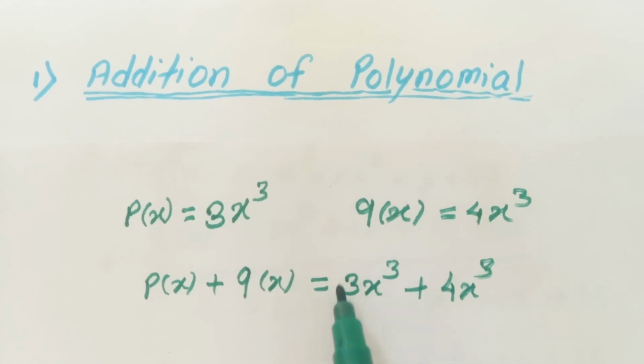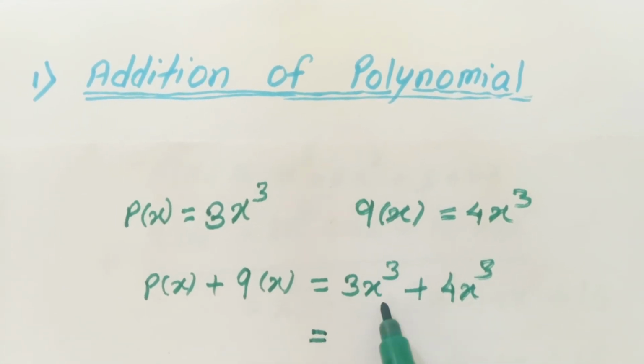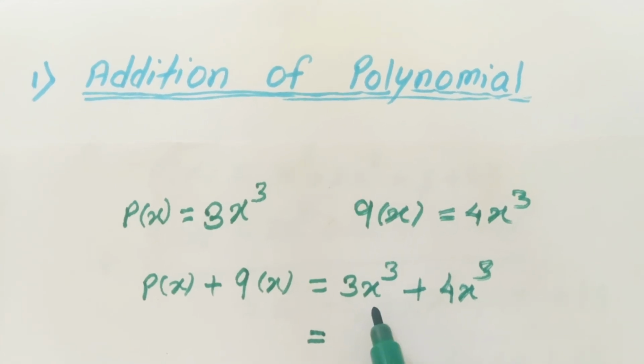Constant having value fixed, that is here 3 and 4, these are the constants and their value is fixed, so it is possible to add them but not possible to add this variable. So in that case you have to take the similar term common.